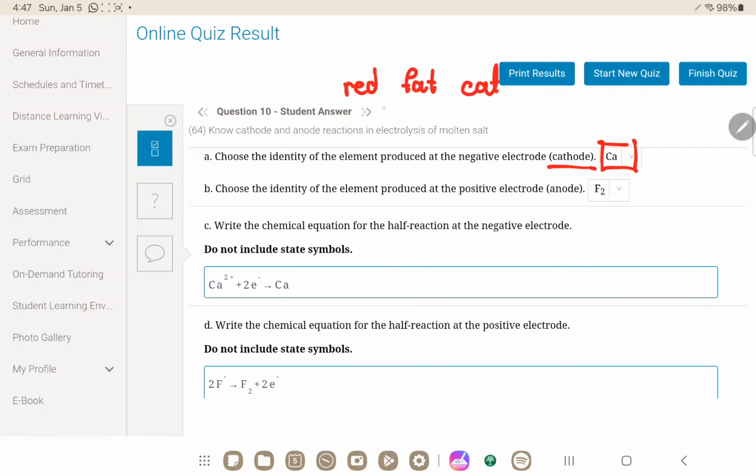We said that when you use this, it's usually for electroplating, but you can also use it for general cases in electrolysis. Red means reduction, cat means cathode, and fat means the thing that's getting reduced usually gets thicker, it gets bigger. So since it's at the cathode you get reduction, you have to have reduction for calcium.